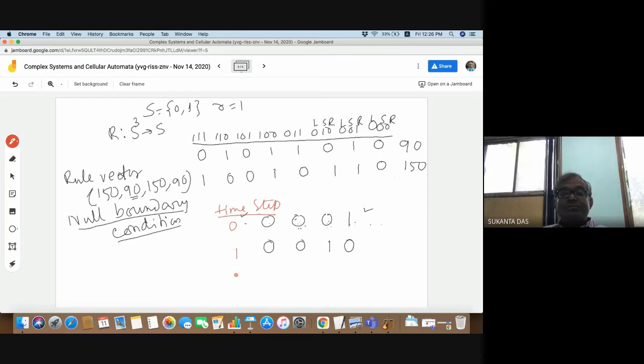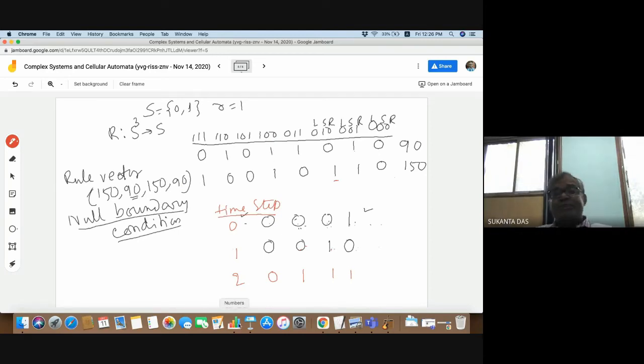Time step 2, what can I get here? So 0 0 0 again gives 0, and 0 0 1. In the second cell, I'm using 90. 0 0 1, it is 1. 0 1 0 with 150 is 1. And 1 0 0, the rule is 90 here, and it's 1.